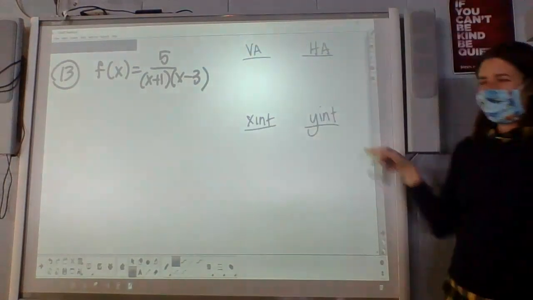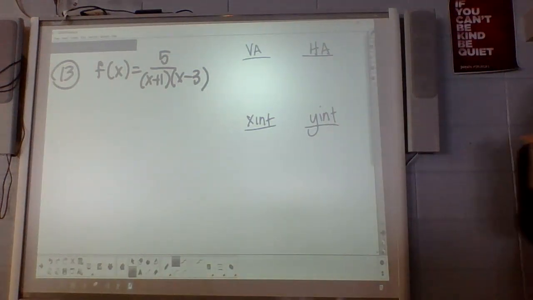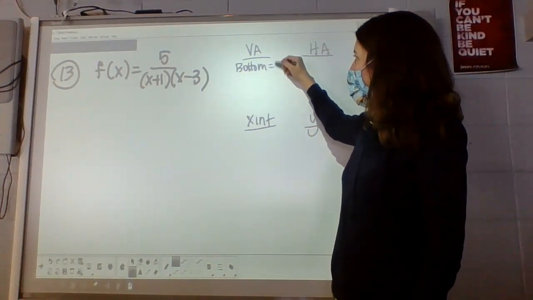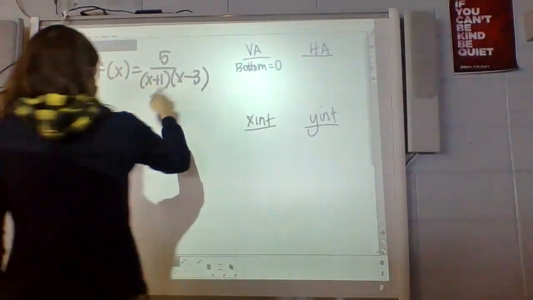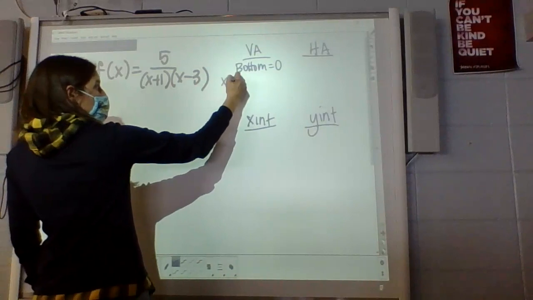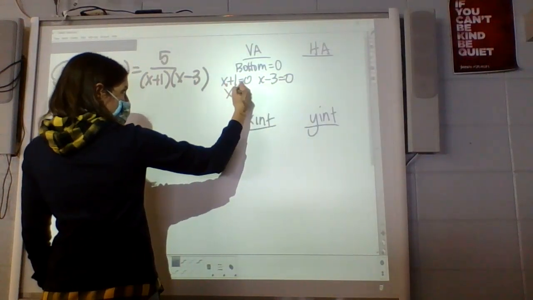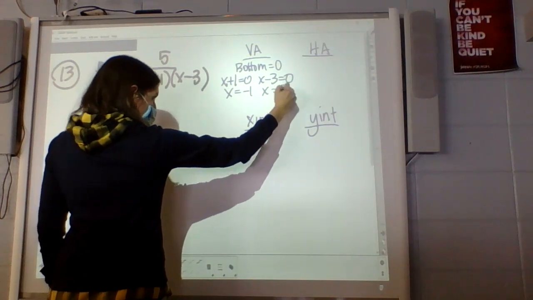I asked for them in that order, so hopefully that helps if you're an order person. So the vertical asymptote is when we set the bottom equal to 0. So we set each of these equal to 0. So x ends up being -1 and x ends up being 3.